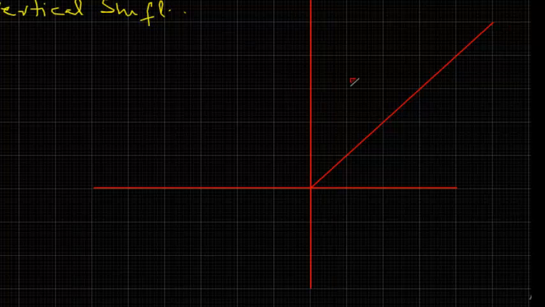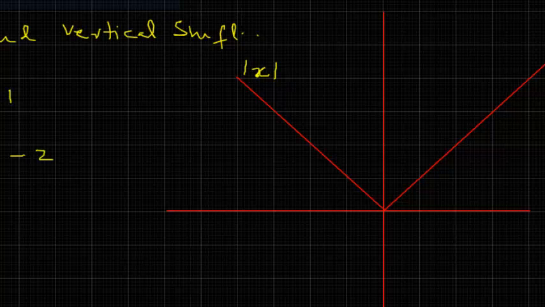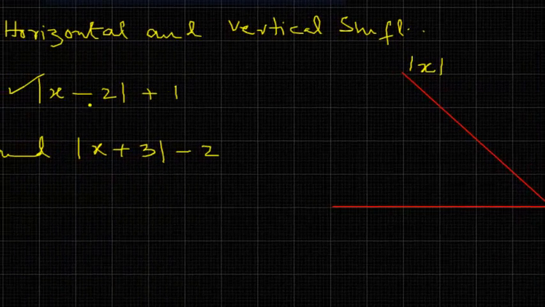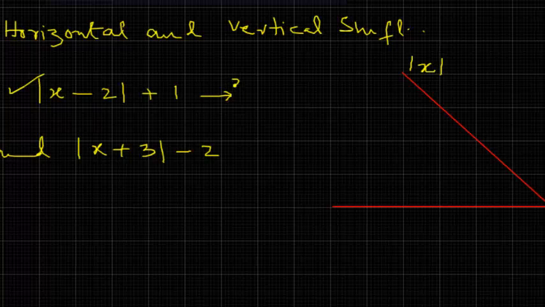This is the graph of absolute value of x. It looked like V. Now x minus 2 plus 1. Minus 2 means it moves 2 points to the right, and this plus 1 means 1 point up.